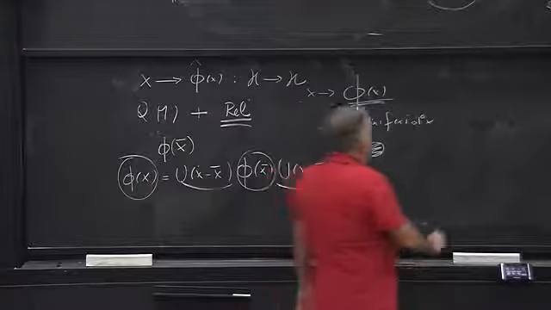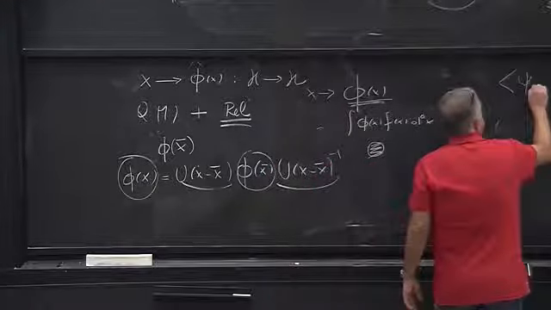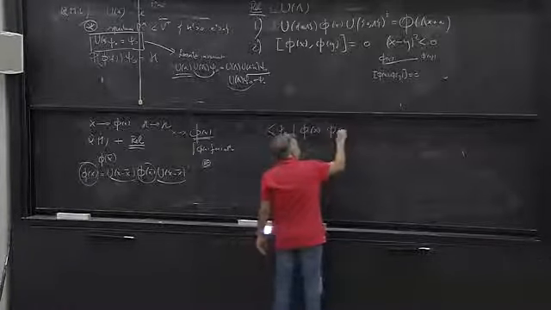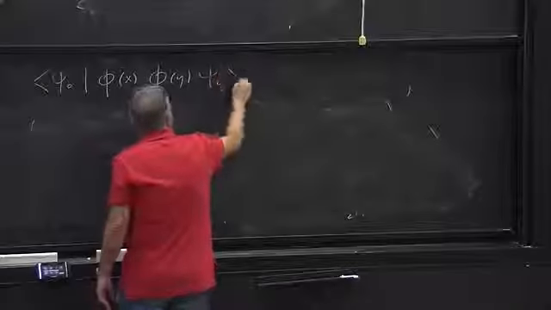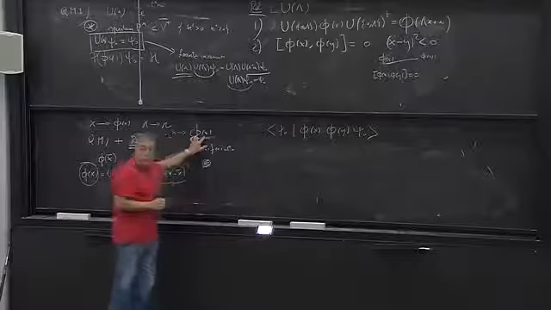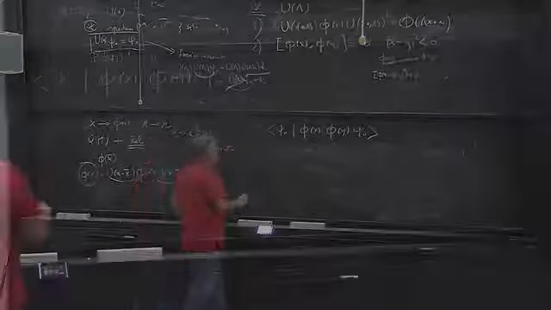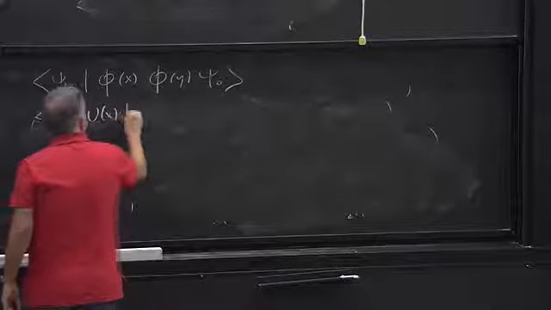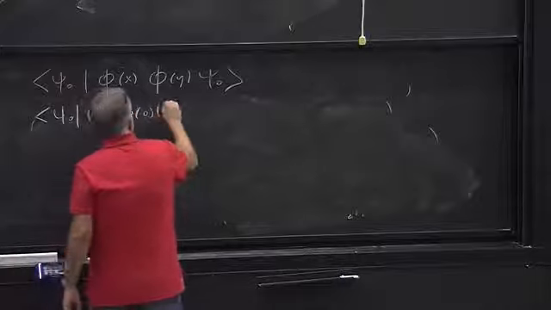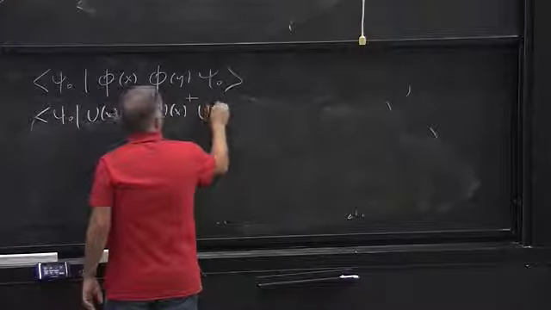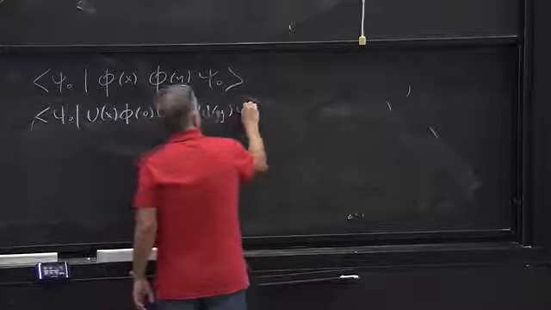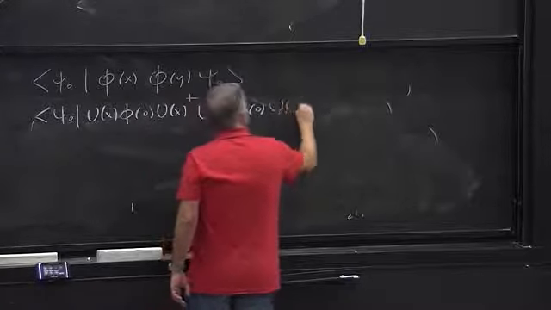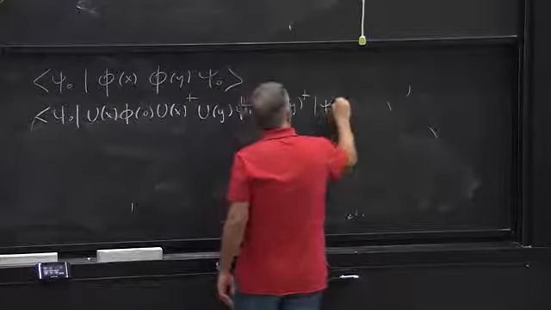If you now compute the vacuum expectation value of phi of x, phi of y, we are making the hypothesis that this is an operator. You can write this like psi 0, u of x, phi of 0, u of x star, u of y, phi of 0, u of y star, psi 0.